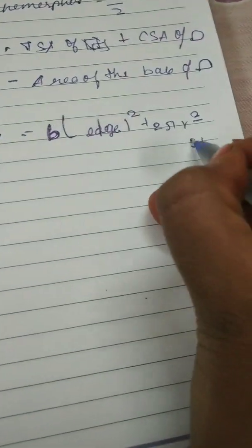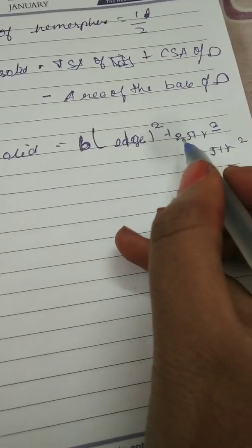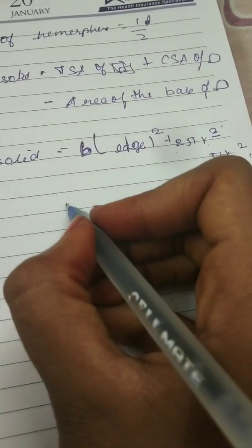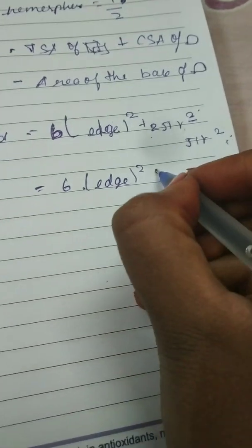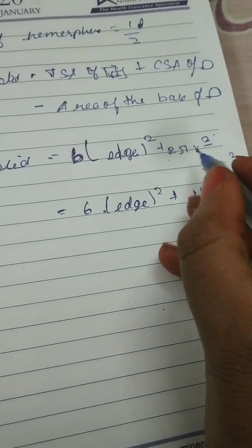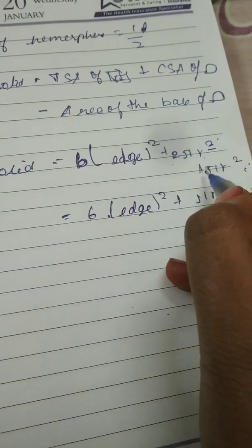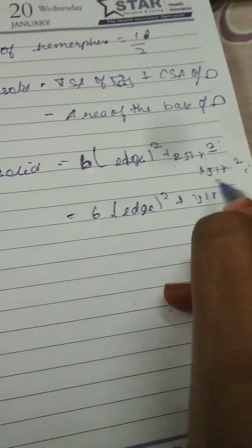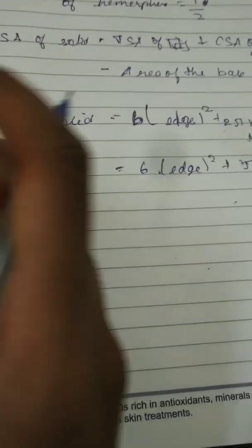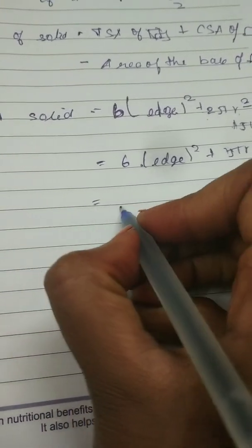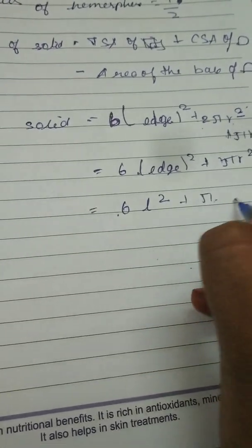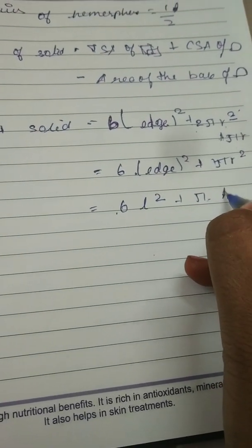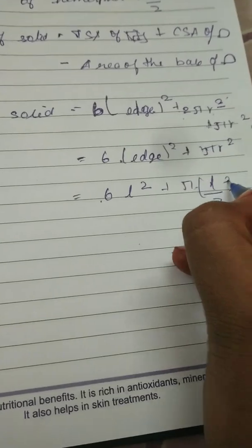The circle's area is pi r square. So 2 pi r square minus pi r square, we get 6L square plus pi r square, because 2 pi minus 1 pi gives 1 pi. So the edge is written as 6L square plus pi into, r is L by 2, the whole square.